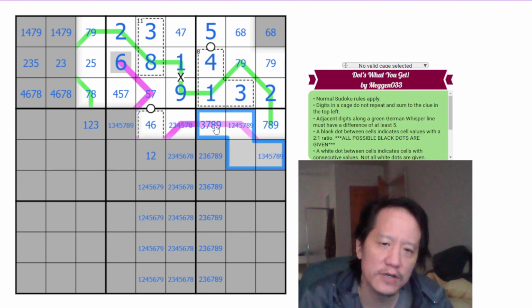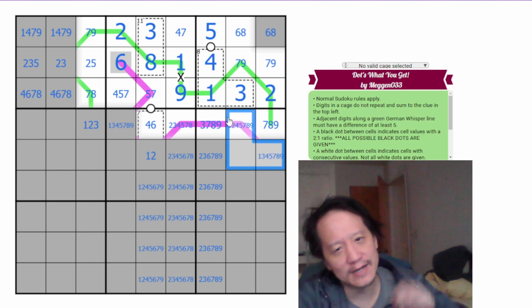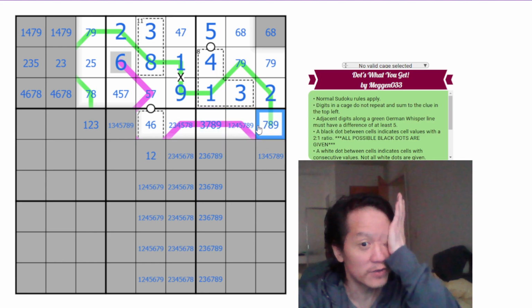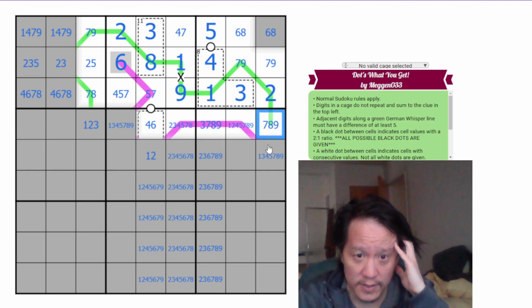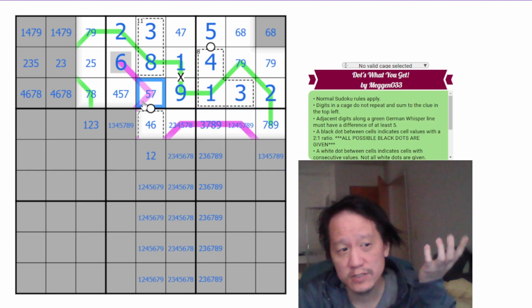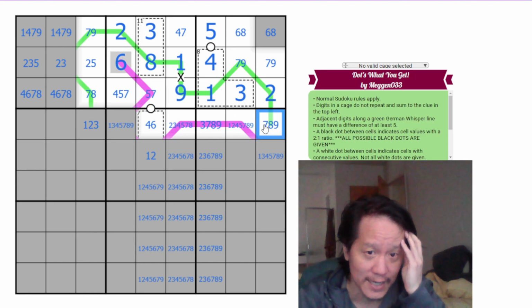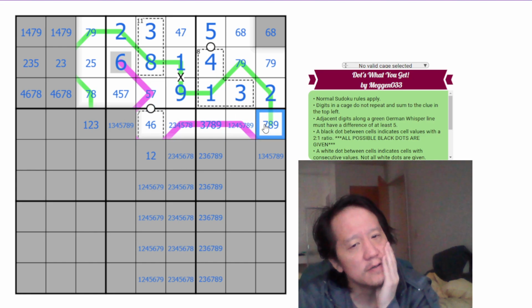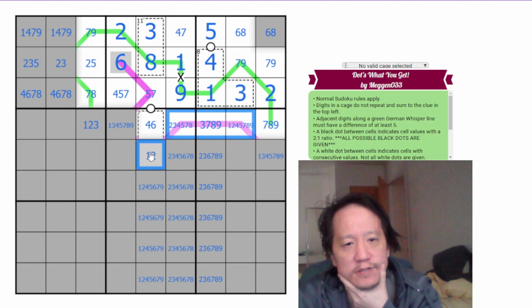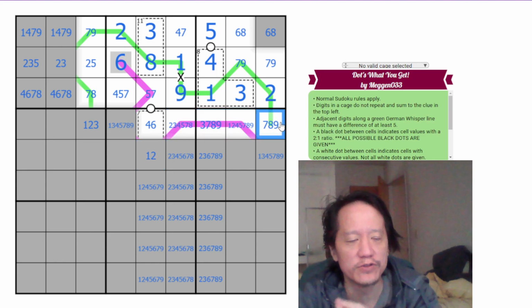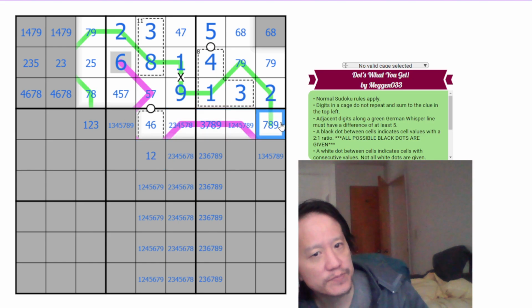Whatever this could be, this could be 9. Never mind. I was thinking that if this is the only way this is 7, the only way this works is if this is 7, and then this has to be 7. It's still possible that that's the case, but that's not the only case. Right? It could be that this is 1 through 8, and there's no 9, so then this is valid as a 9.